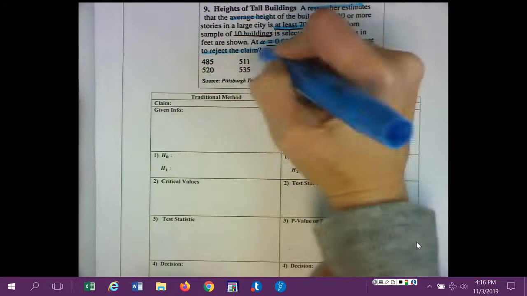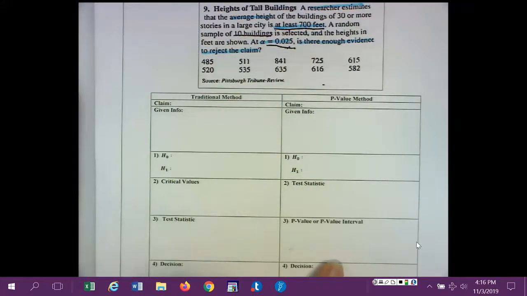But it leaves me wondering what claim. So we'll read it again. A researcher estimates that the average height of buildings of 30 or more stories in a large city is at least 700 feet. That's coming from a researcher. A random sample of 10 buildings is selected and the heights in feet are shown. At alpha equals 0.025, is there enough evidence to reject the claim?